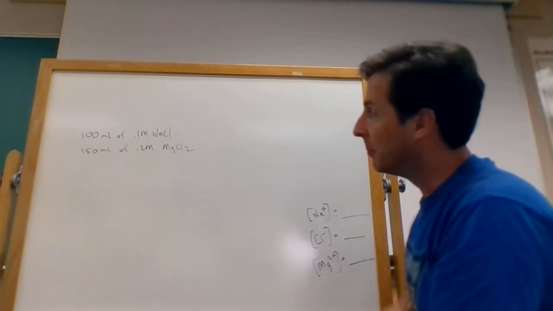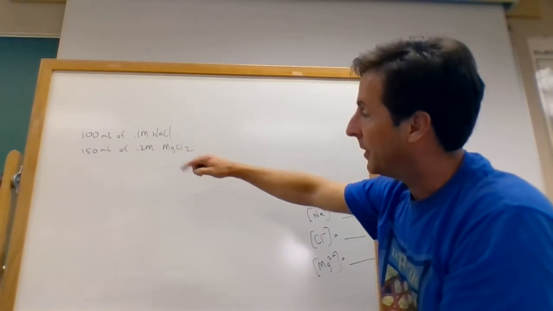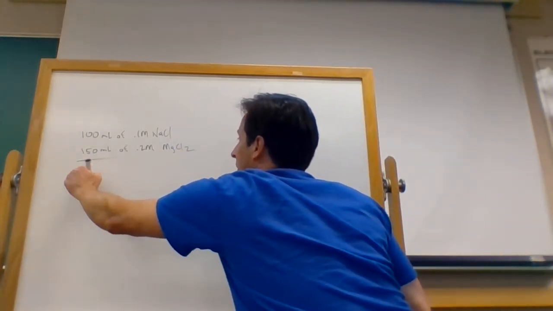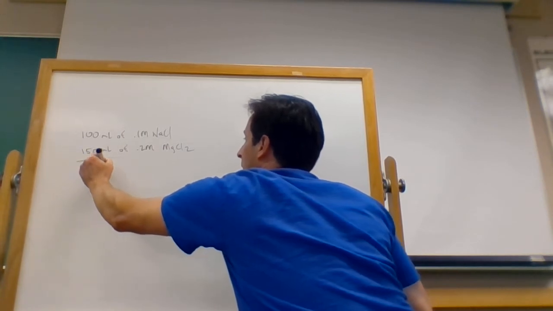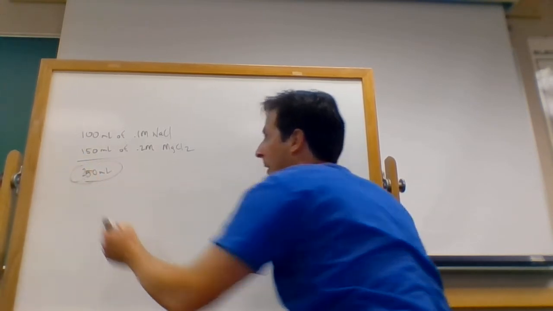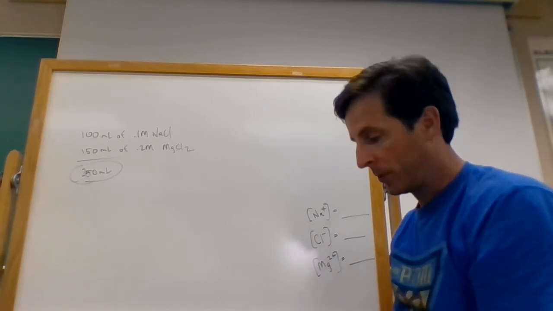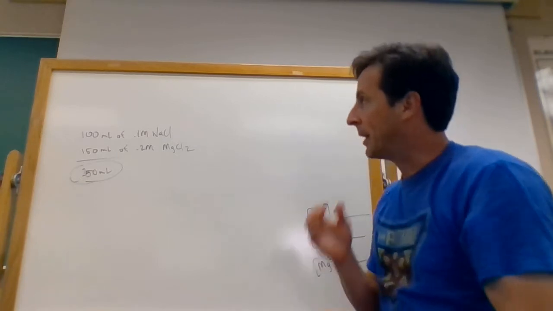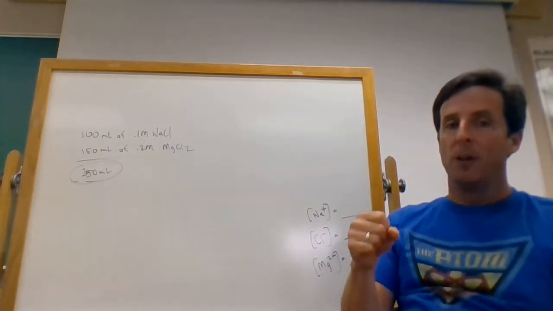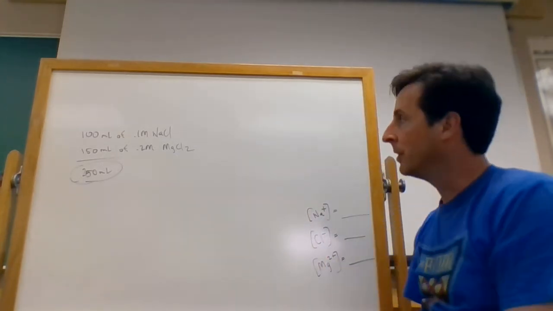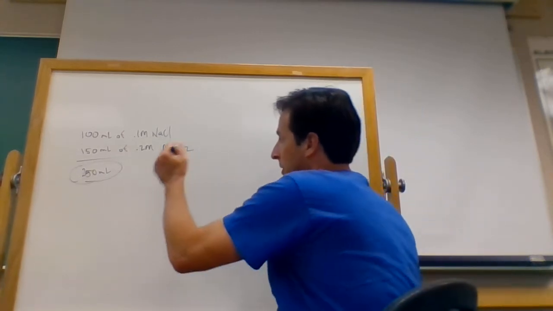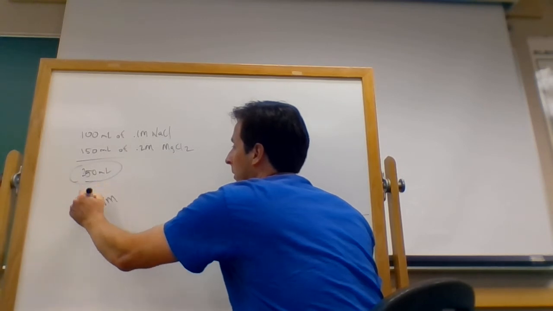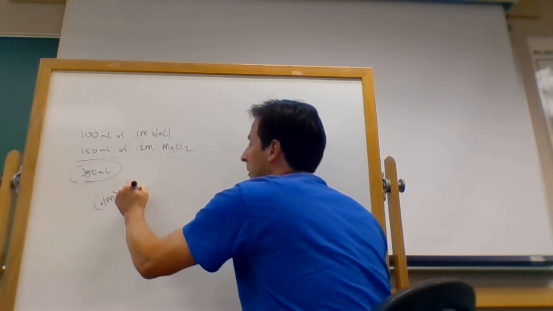Now, my total volume, when I mix 100 and 150, is going to end up giving me a total of 250 milliliters as my final volume of the solution. Okay, so what do I need to do? Well, same thing we did before. I need to actually figure out the moles of everything in the solution. So for the sodium chloride, it's going to be 0.1 molar times 0.1 liters.